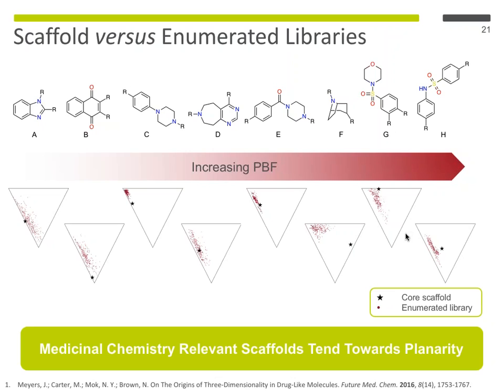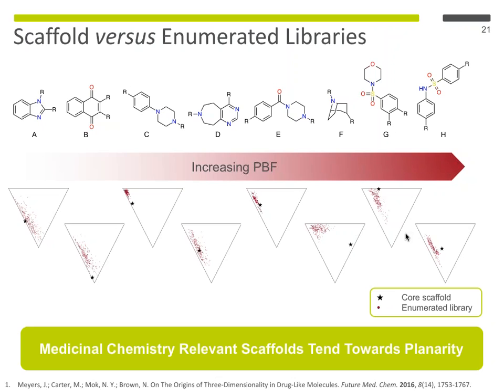Now, going back to those most frequent scaffolds in each of the PBF bins we defined, we can take those scaffolds, and we can also take the most common monomers we identified using the SynDiR algorithm for fragmentation, and then enumerate virtual libraries using these scaffolds with those monomers.